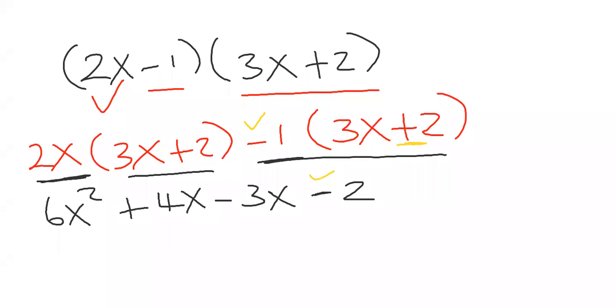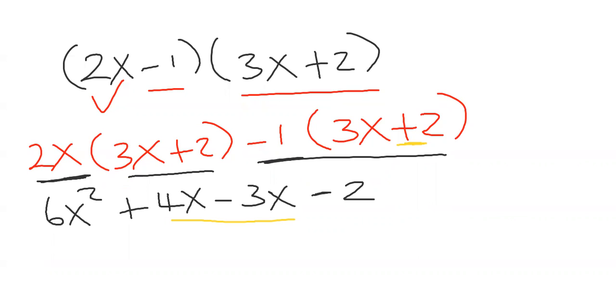Then, like I said earlier, if you have done it correctly, you are supposed to now have 4 terms, as in 1, 2, 3, 4. And I said, usually the 2 terms that are in the middle are like terms.